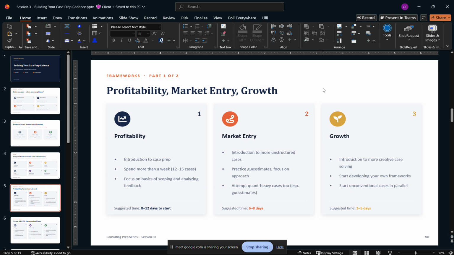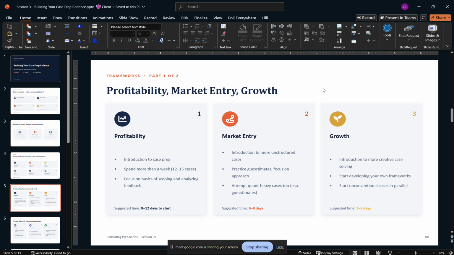Okay. At an undergrad level, profitability and market entry make maximum sense. If you have enough time, then explore growth and the other frameworks that I'm going to talk about. Otherwise, you can jump directly from market entry to unconventional. You don't need to really practice for growth, pricing, M&A, etc. At an undergrad level, they are not the expectation in all likelihood.